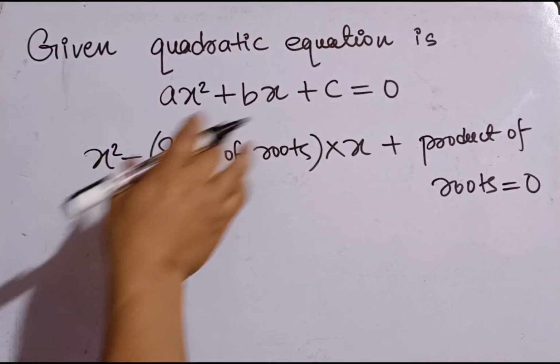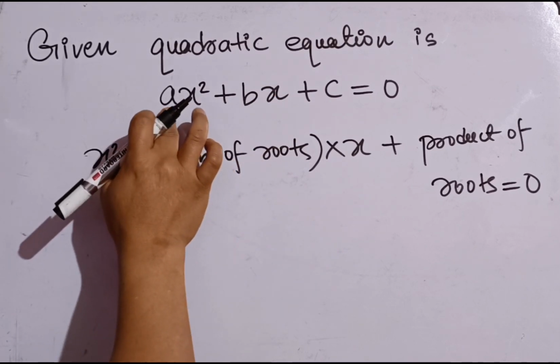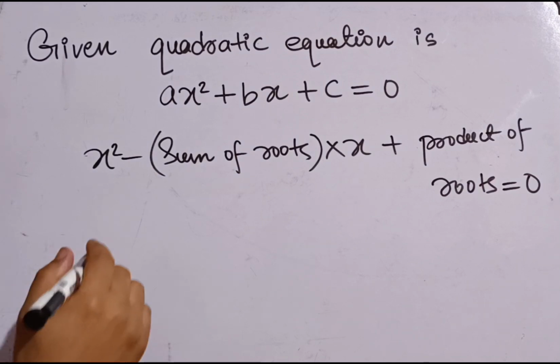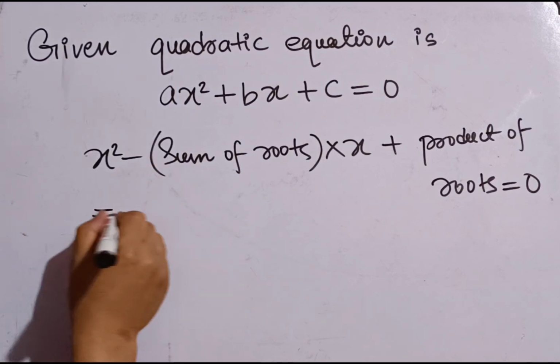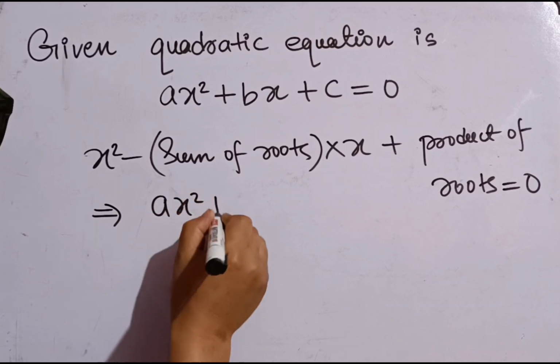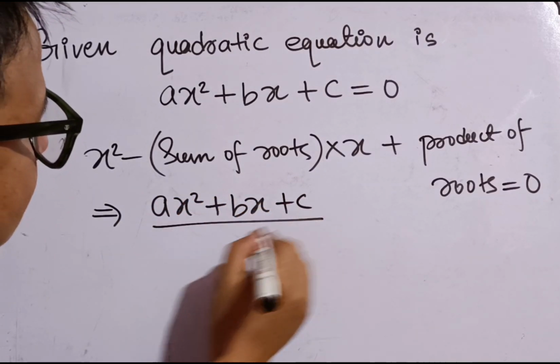Now we can convert the given quadratic equation in this form, because in this equation the coefficient of x squared is a. Now we have to convert the coefficient of x squared into 1 by dividing both sides of the given equation with a.